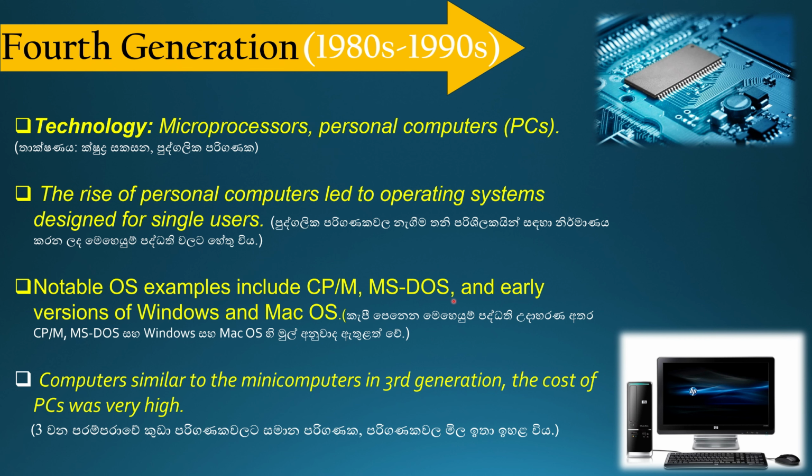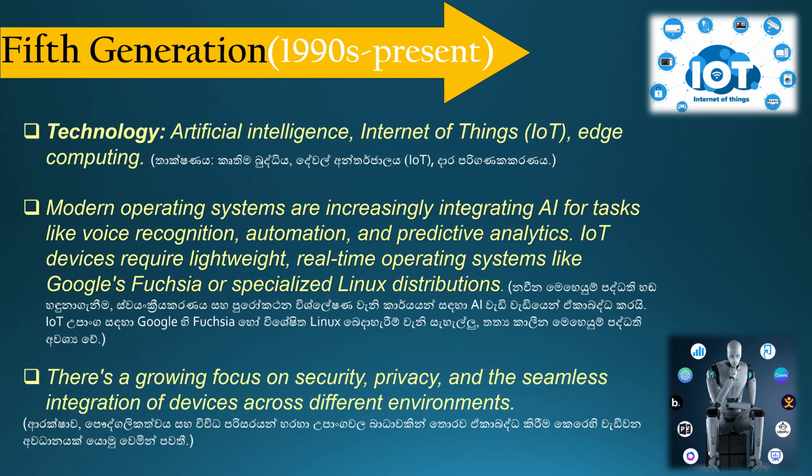Notable operating system examples are CP/M, MS-DOS, and the earlier versions of Windows and the Mac OS. The computers of this generation are similar to many computers of the third generation, but the cost of PCs was very high. So this is the fourth generation.